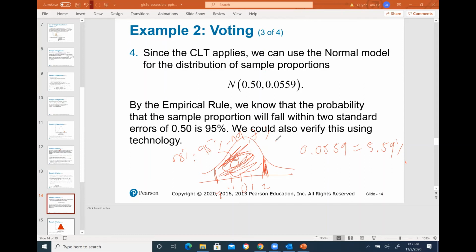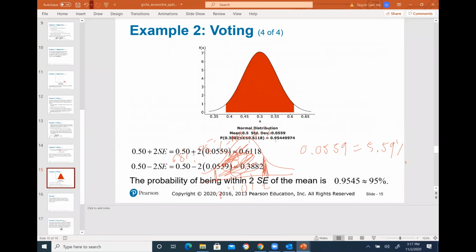We could also verify this using technology. I would like you to see the actual picture like this. That represents 95%, and this is a confidence interval. Actually, they didn't say clearly, but this is a confidence interval.